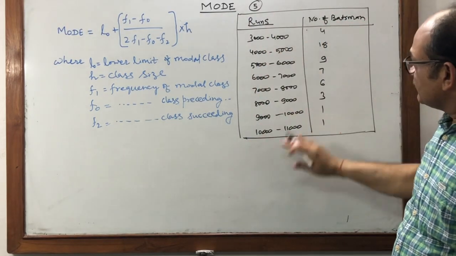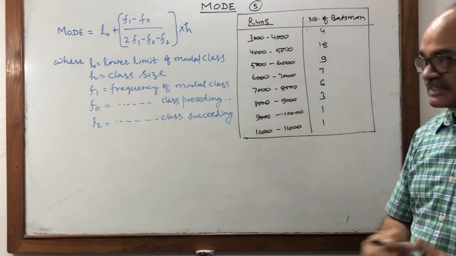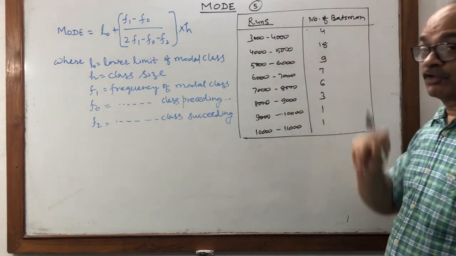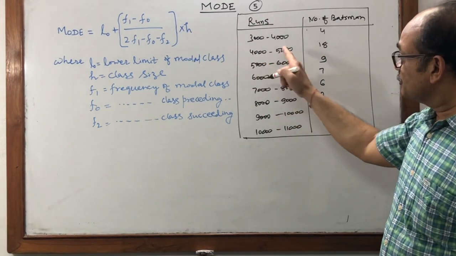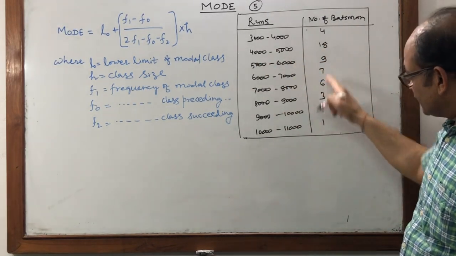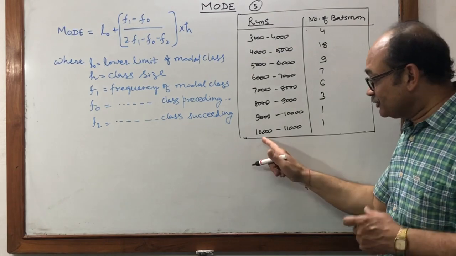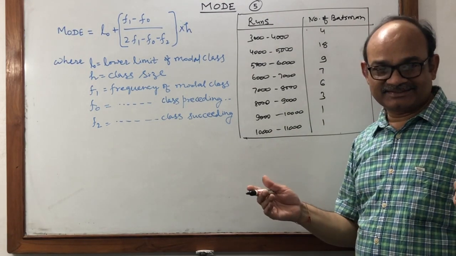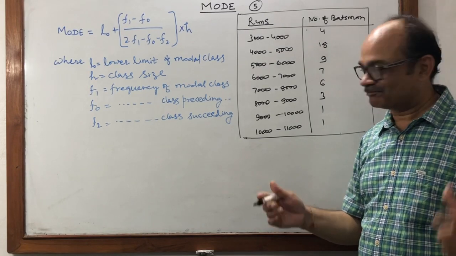Runs scored by different number of batsmen. Say 3000 to 4000 runs scored by only 4 batsmen. 4000 to 5000, 18. Then 9 and then so on. Last 10,000 to 11,000, only 1. And you know who is 10,000 to 11,000 scorer. Okay.